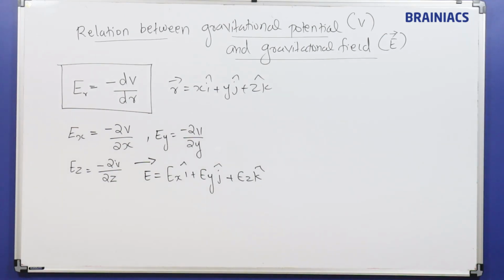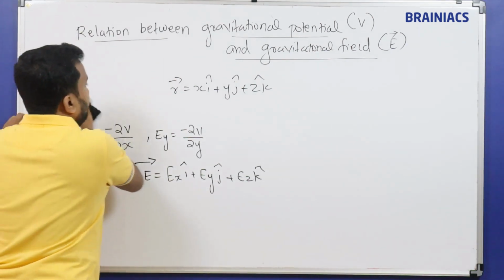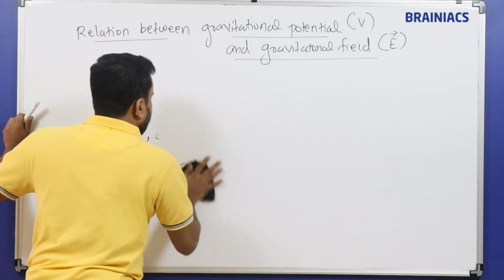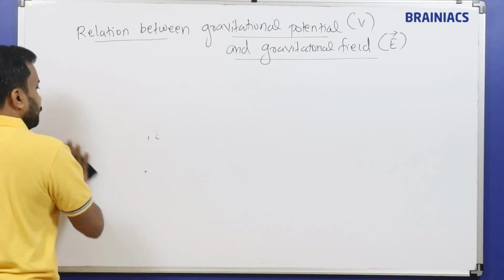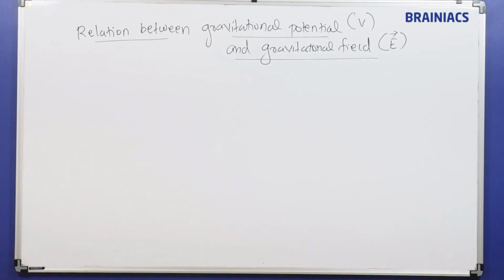Okay, fine. So we are going to see a few questions with respect to this one. We will solve one example. To get more clarity on this topic, gravitational potential and gravitational field intensity relation, E is equal to minus dV by dr in short.